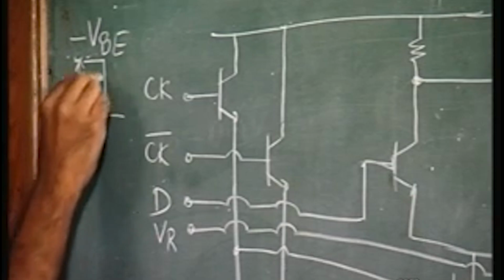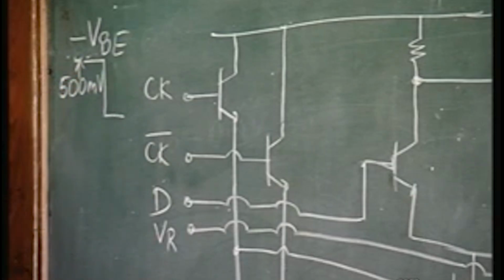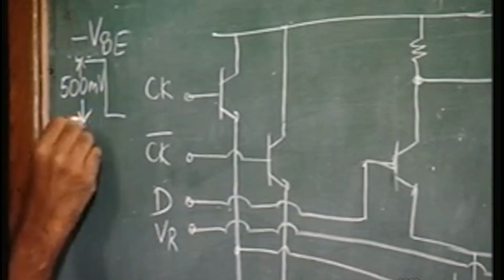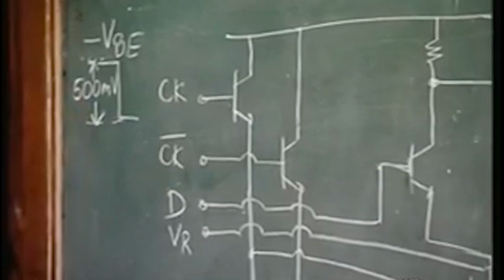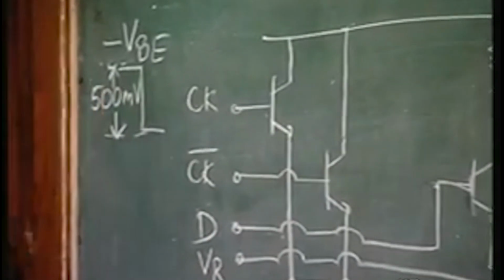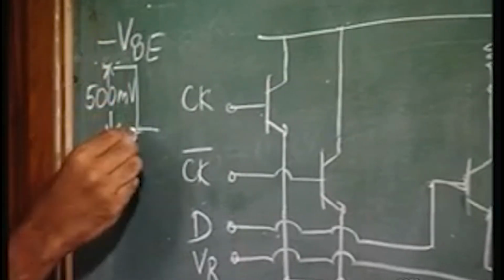So, usually in high speed circuits the voltage swing will be limited. So, it is not full V on, so it is 500 millivolts. You know that the power delay product will depend on the logic swing. So, you limit it to, say, 500 millivolts.